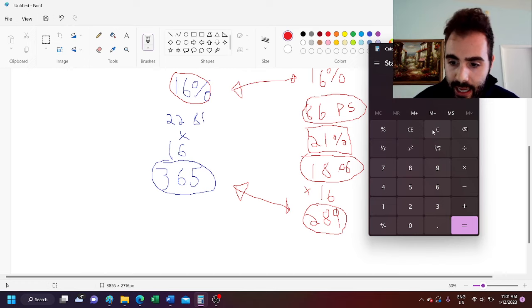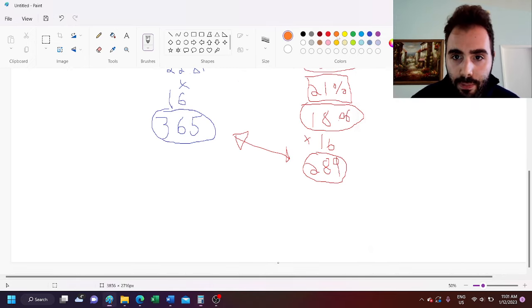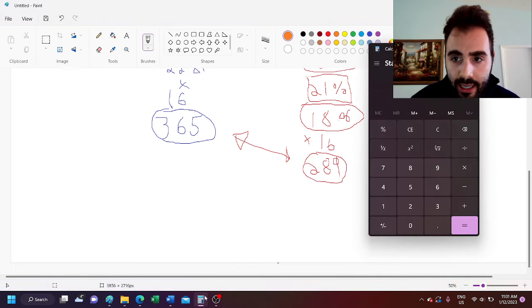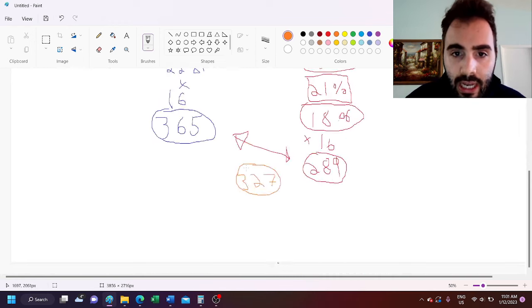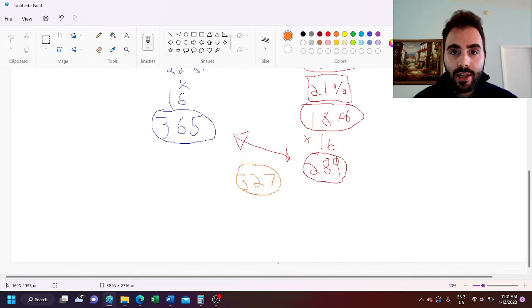If we take the average of these two, we get a conservatively estimated future price target of Google in 10 years' time of $327.